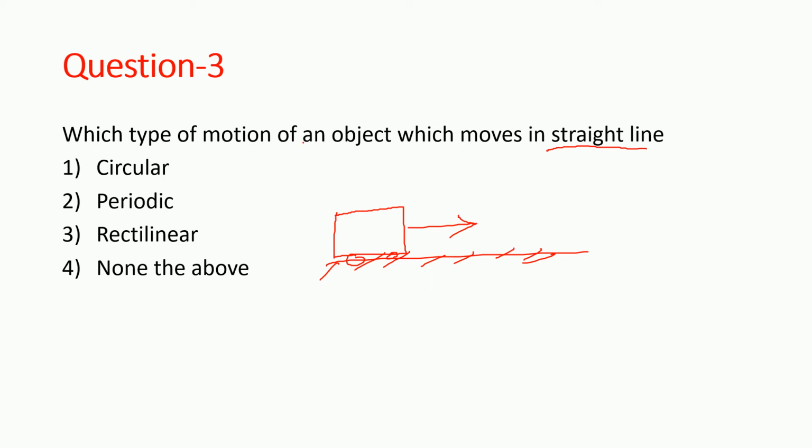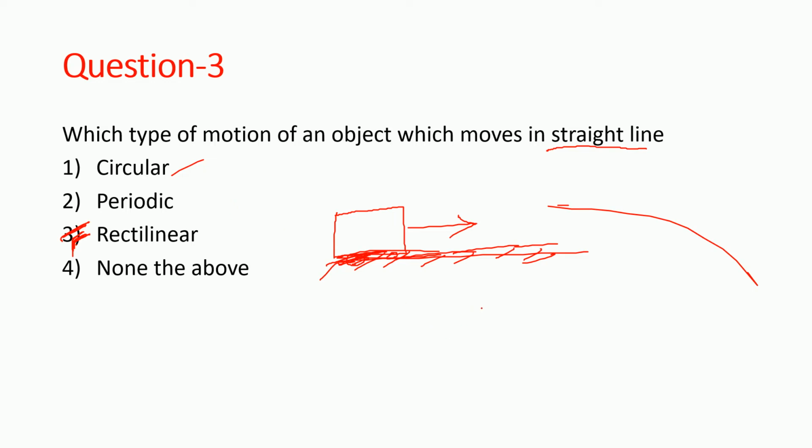So which type of motion is it that moves in a straight path? It is moving in a straight line, so it is known as rectilinear motion. So rectilinear motion is the correct answer. Option 3 is correct. If it is going in a circular path, then it would be circular motion.